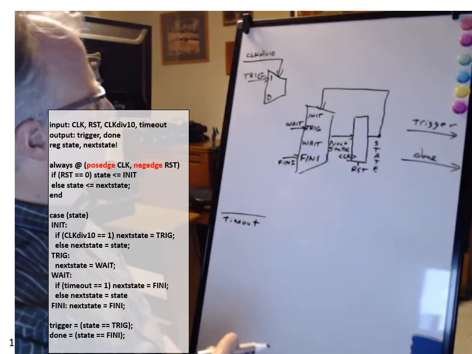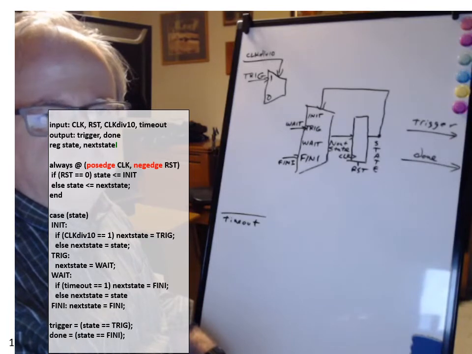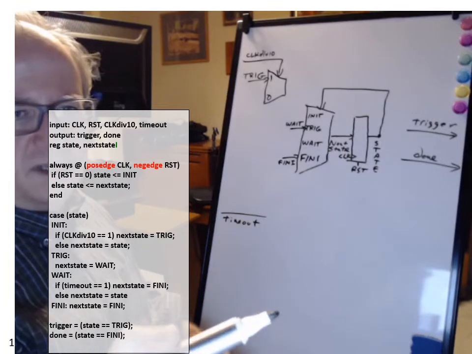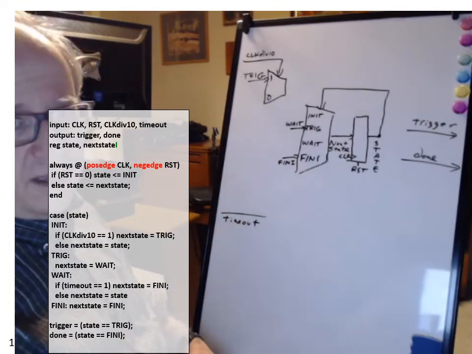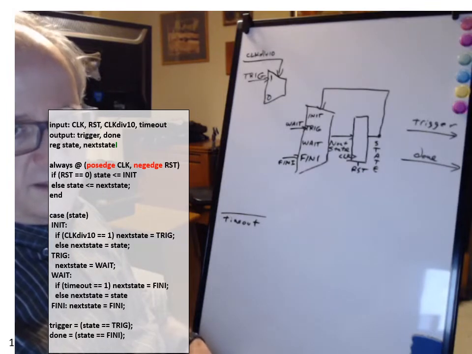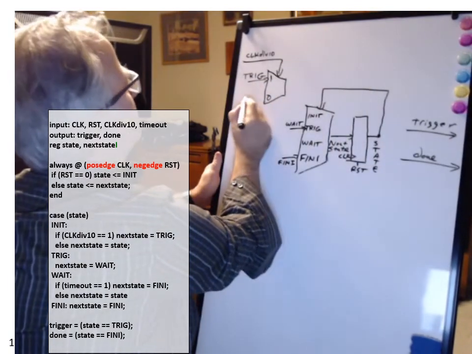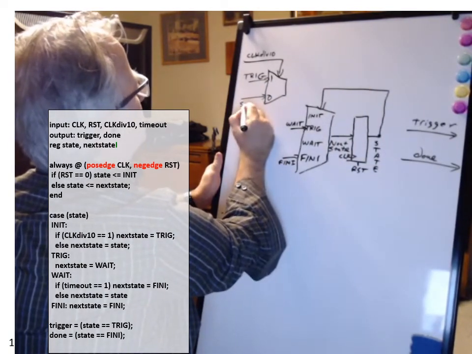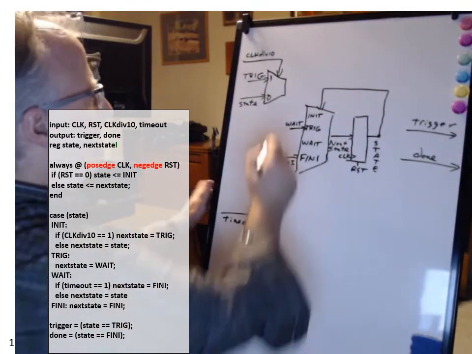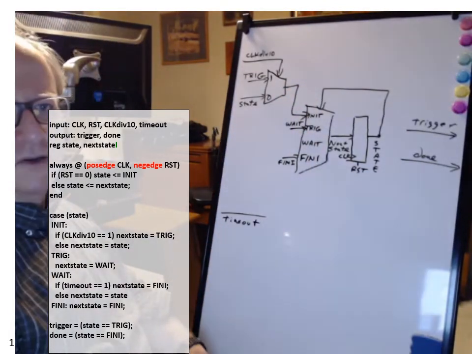So we're ending up with muxes with quite a few hardwired inputs. It's really more like they're implementing lookup tables, except that in this case, if clock div is 0, then next state is going to be equal to state. And rather than draw the line around here, I'm just going to show that state is the input to that. And then the output of this mux becomes the next state value for init.